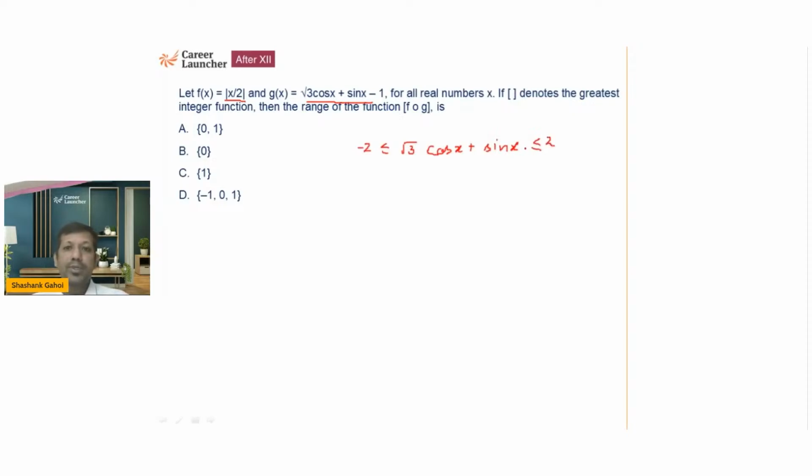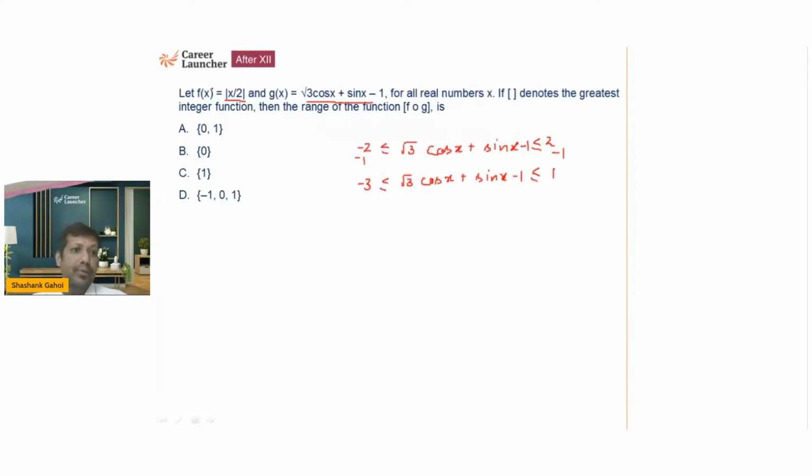Now if I subtract 1, I'm going to get root 3 cos x plus sin x minus 1, which always lies between minus 3 to 1.